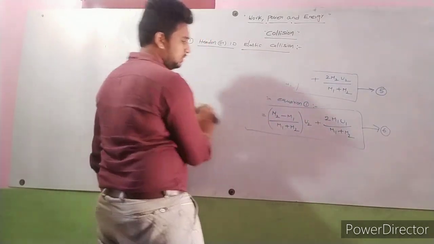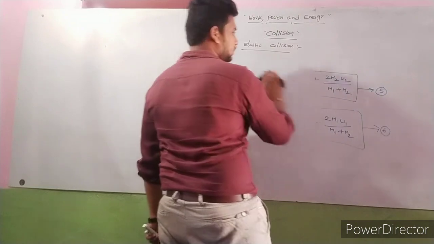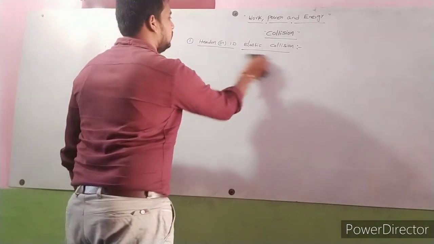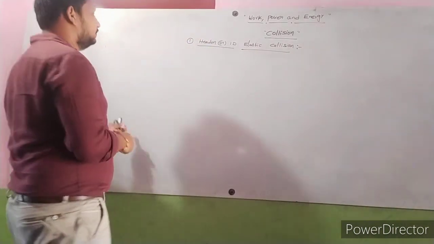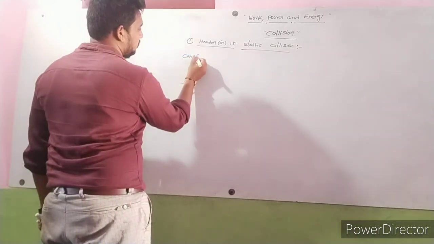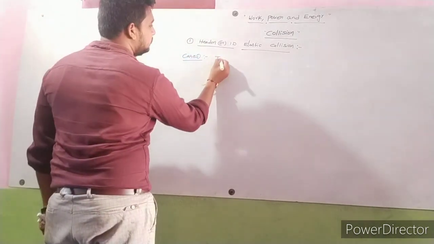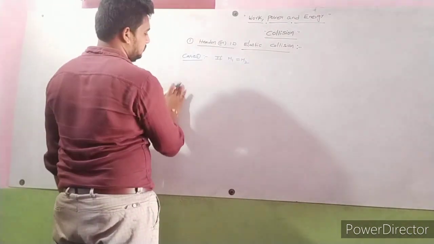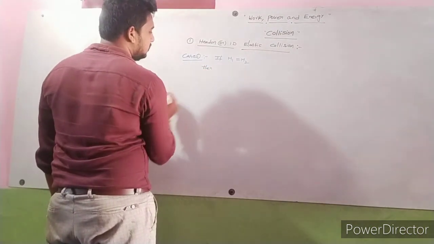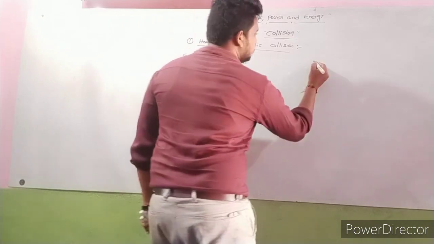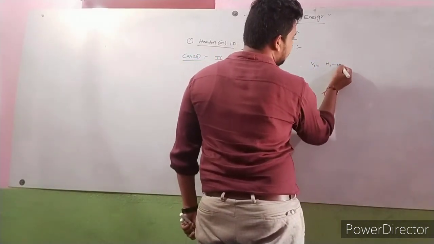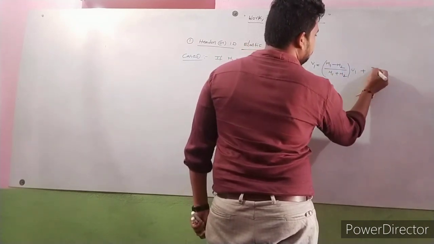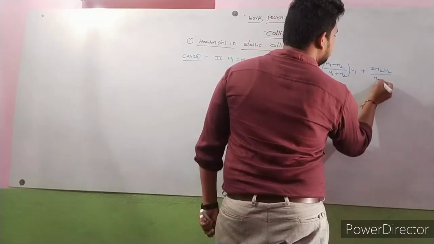Case 1: if m1 is equal to m2, then observe the equations. v1 is equal to (m1 minus m2) by (m1 plus m2) into u1, plus 2m2 u2 by (m1 plus m2).